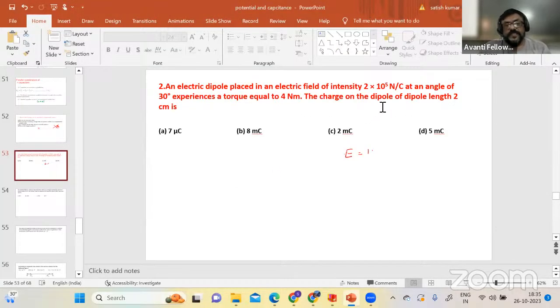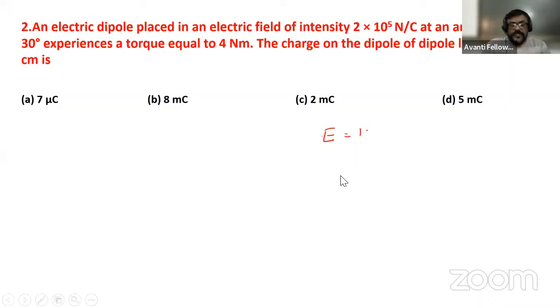The electric field is 2 into 10 raised to 5 Newton per Coulomb.